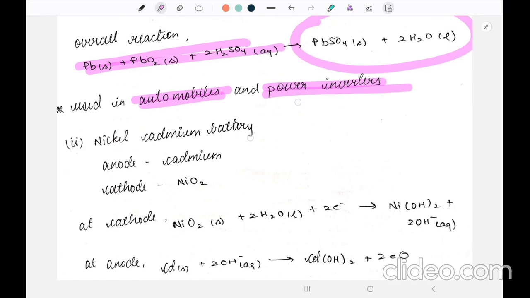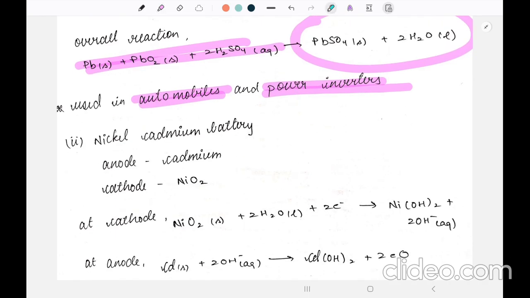Now we'll be moving to the second category of the secondary batteries, that is nickel cadmium battery. So it consists of a cadmium anode and a metal grid containing NiO2 as cathode. KOH solution is the electrolyte.